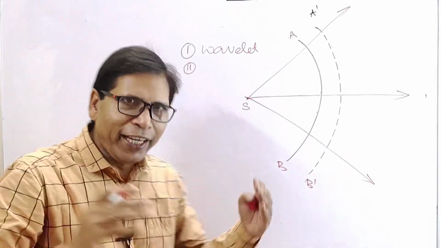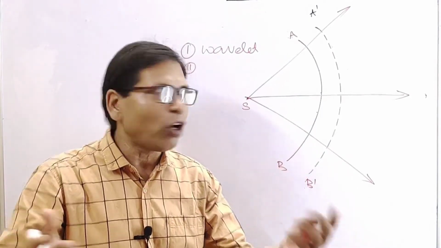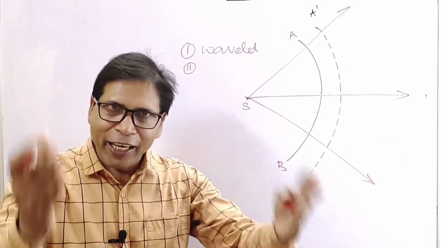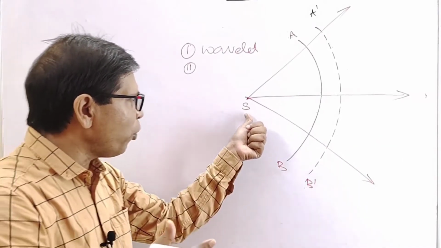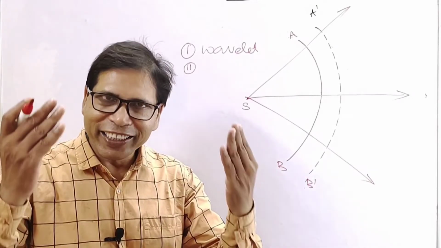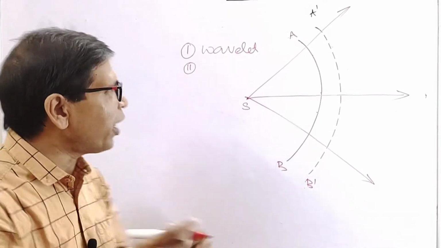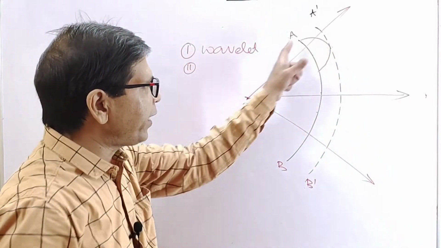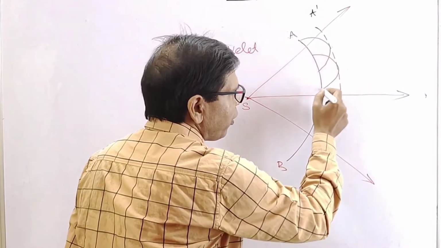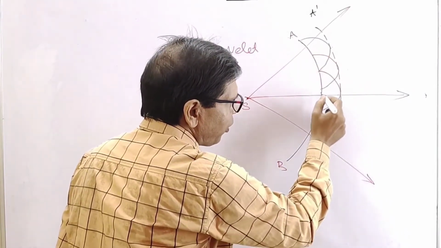Number 2, each secondary source or wavelet sends out light waves in the same way as the original source, with the same frequency and same speed. So look at this, these secondary sources produce a wavefront. This is the wavefront.